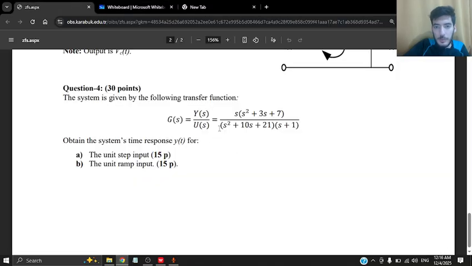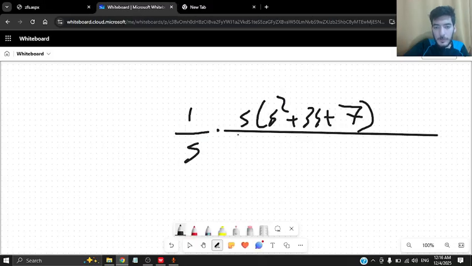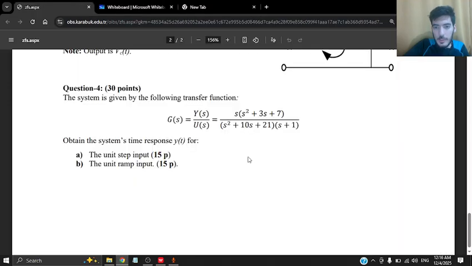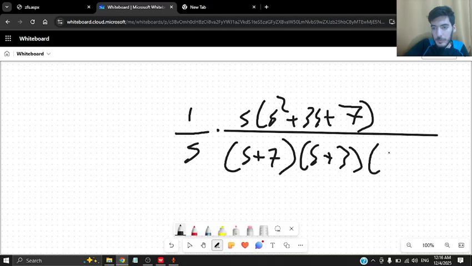And here for the denominator, I can decompose this part to s plus 7 multiplied by s plus 3 and then multiplied by s plus 1.